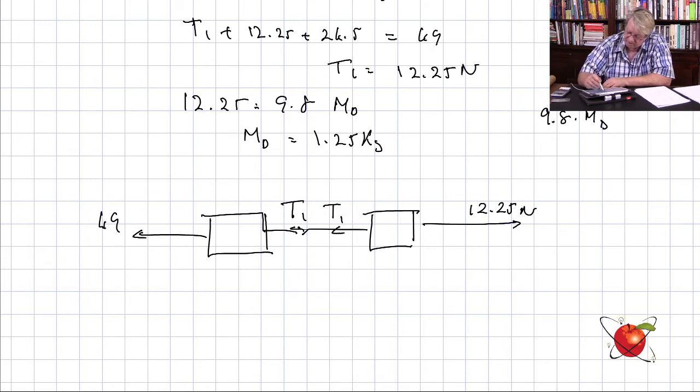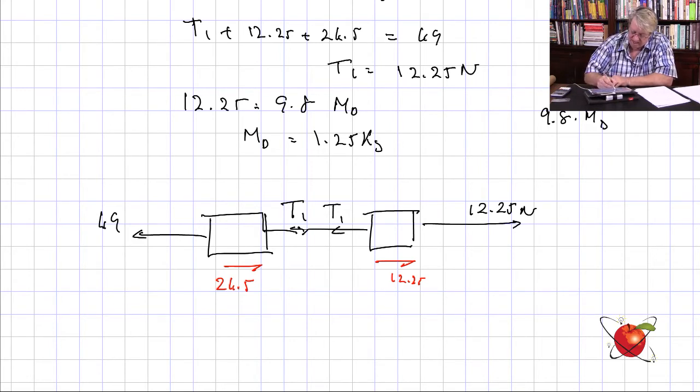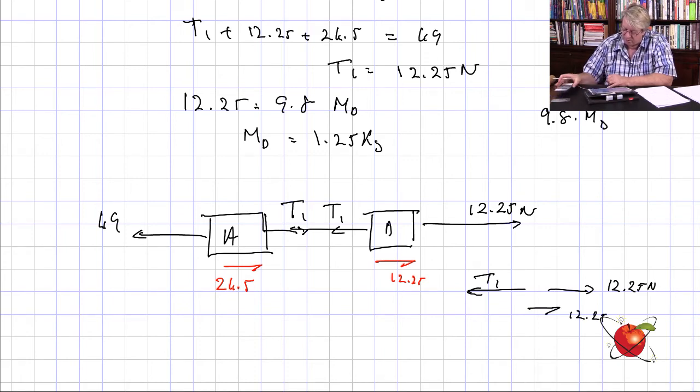But remember we've got friction acting in this situation of 12.25 and 24.5. If we look at block A or B on their own, we've got T1 there, 12.25 newtons that way, but we've also got another 12.25 this way from friction. So T1 is 12.25 times 2, which is going to be equal to 24.5.